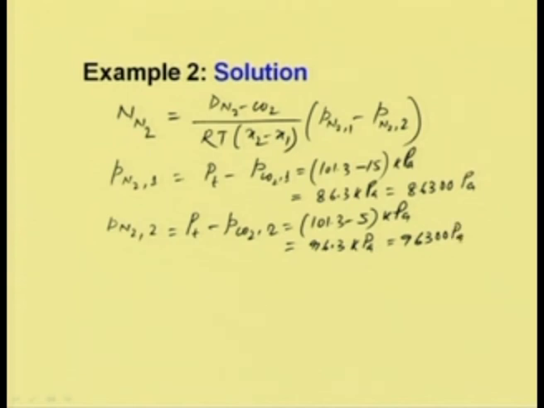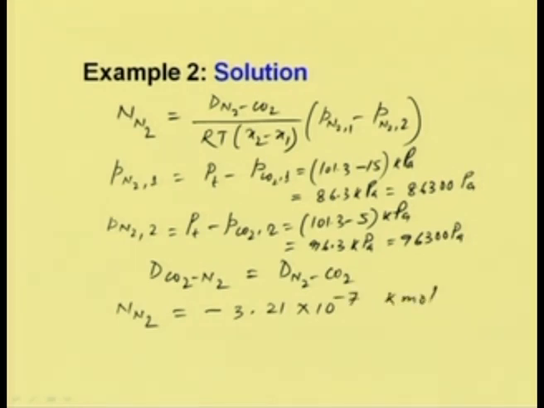96,300 Pascal. We know that for equimolar counter current diffusion, D CO2-N2 is equal to D N2-CO2. So, we can use the same diffusion coefficient and calculate the flux of N2. If we incorporate this data, it will be minus 3.21 into 10 to the power minus 7 kmol per meter square second.